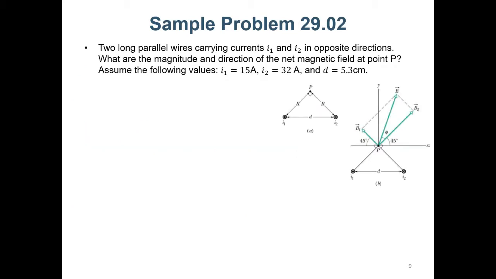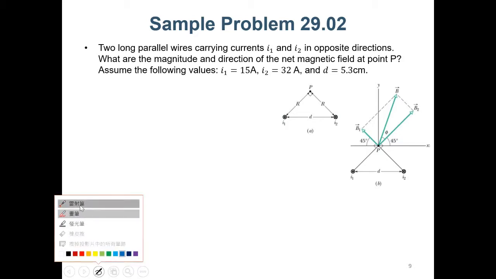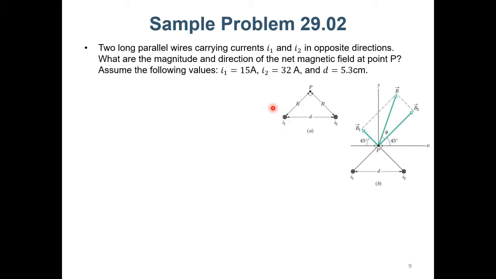For this one, two long parallel wires, Y1 and Y2, carry currents I1 and I2 in opposite directions. I1 is out of the page, I2 is into the page. What are the magnitude and the direction of the net magnetic field at point P?